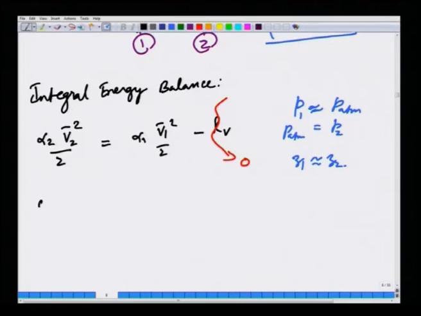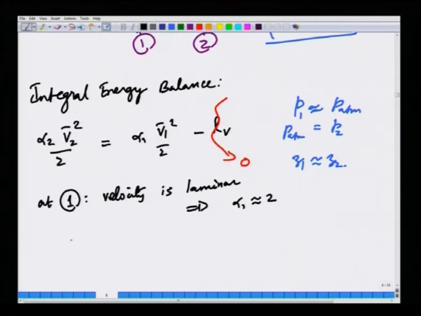So we can afford to neglect them. Now at station 1, the velocity profile is laminar, we have assumed, so alpha 1 is approximately 2. At 2, the velocity is uniform. At station 2, the velocity is uniform because it is a free jet.